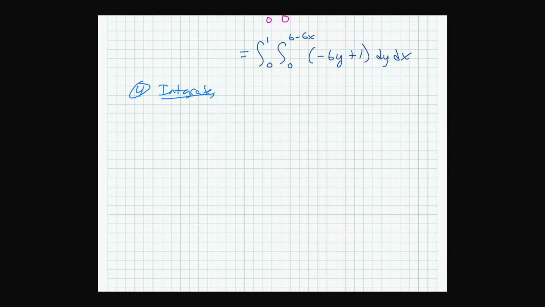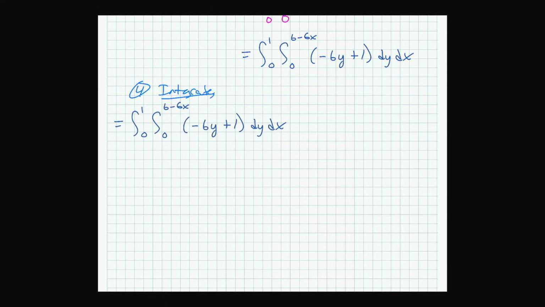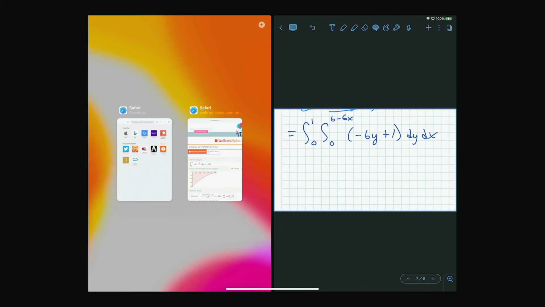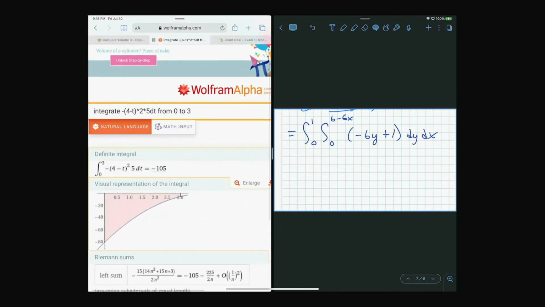So we're just going to solve this integral, which actually for time we're not going to solve. We are going to make a computer do it. So here's how I like to do these. You've seen this a lot. I like to type in the entire middle integral and get an answer.